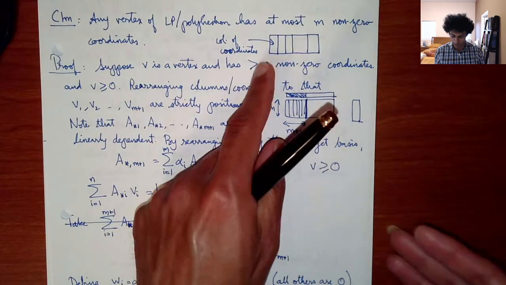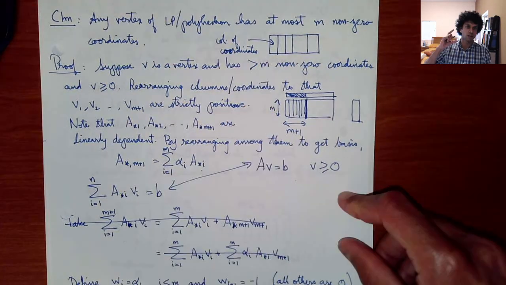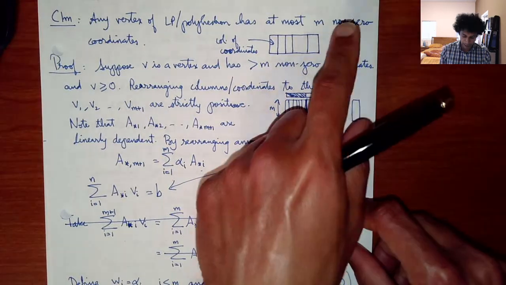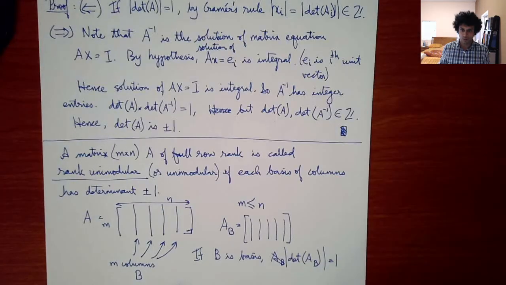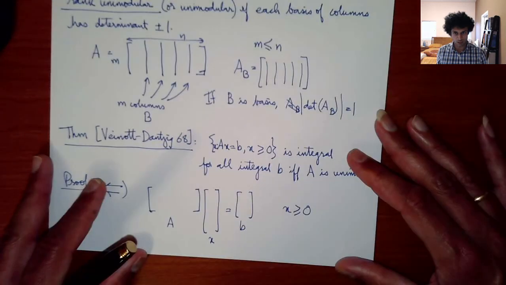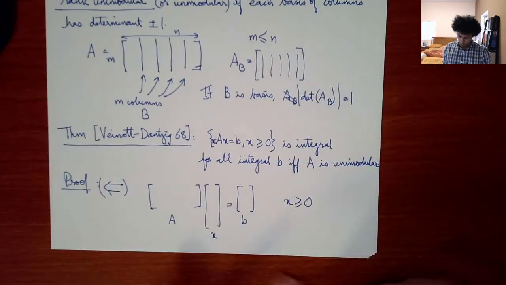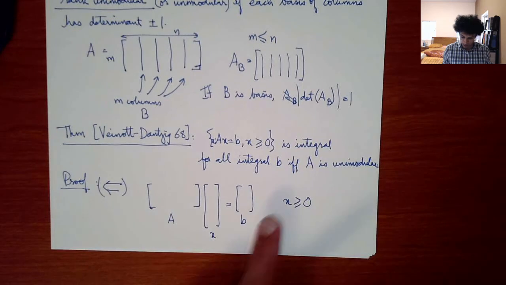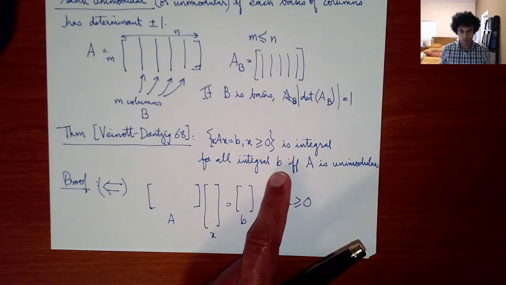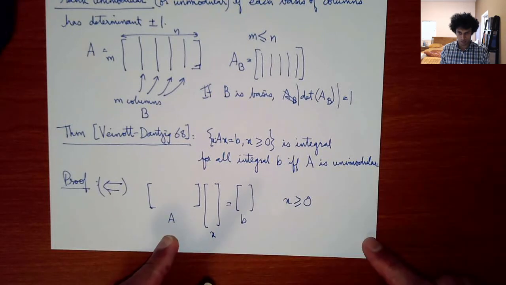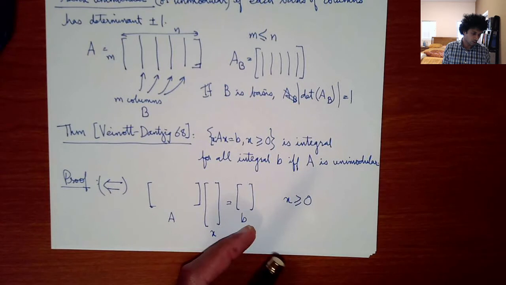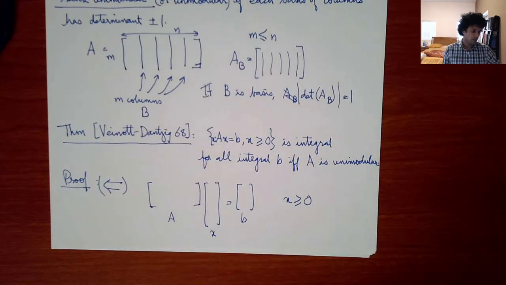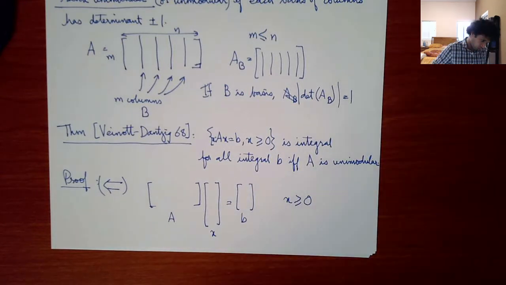And we are going to use this in proving the theorem of Veinott and Dantzig. So we have this situation Ax is equal to b. We want to argue that if A is unimodular, then for all integral b, the vertices are going to be integral. And we know that a vertex has at most m non-zero coordinates.